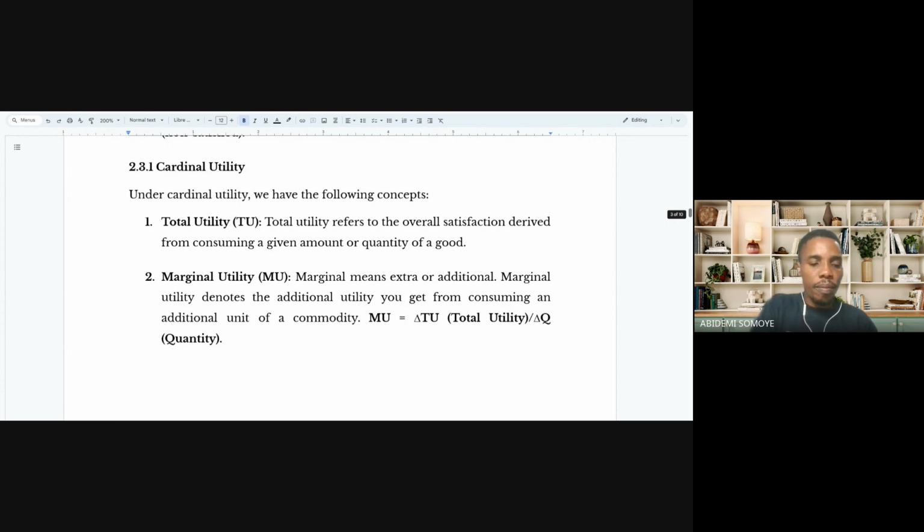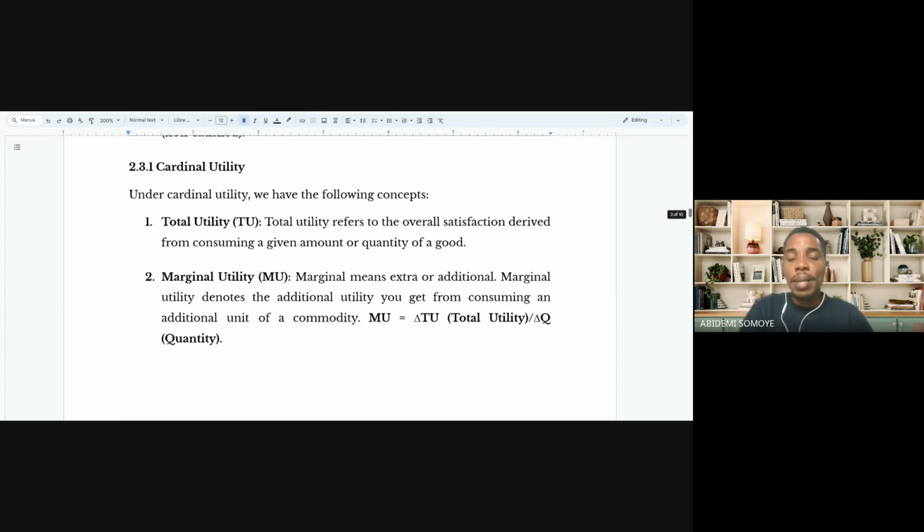those 10,000 pairs of shoes, we can easily measure that they give you a total satisfaction, the total utility. Now, if you decide to buy one more extra pair aside from those 10,000, we are looking at the extra satisfaction that extra pair is going to give you. That's why marginal utility means extra.